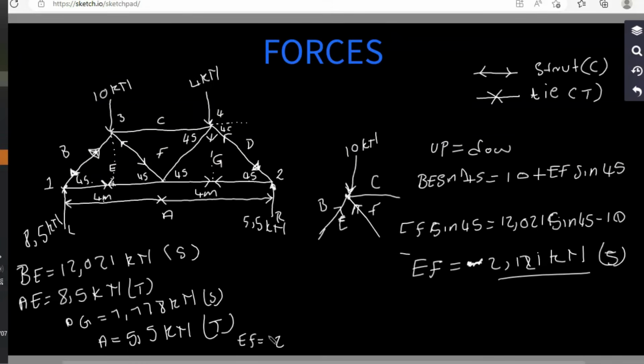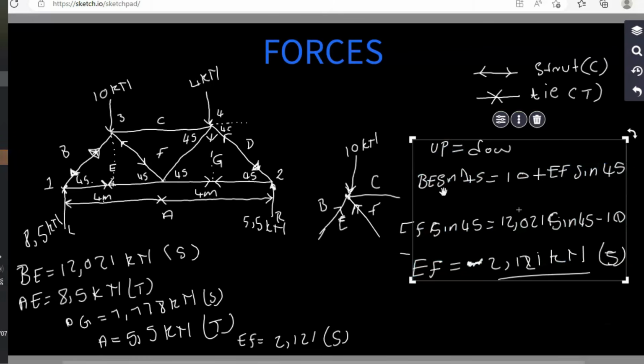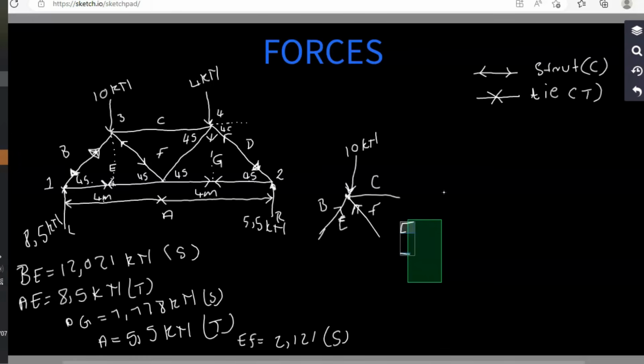It is equal to 2.121 and it is a strut. And then we can erase this. Now we will be dealing with forces to the left are equal to forces to the right.